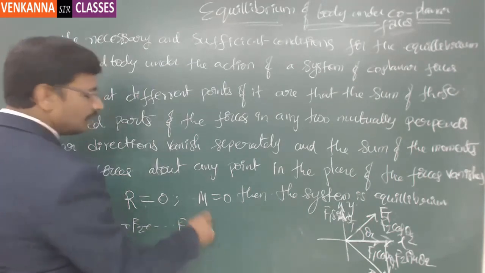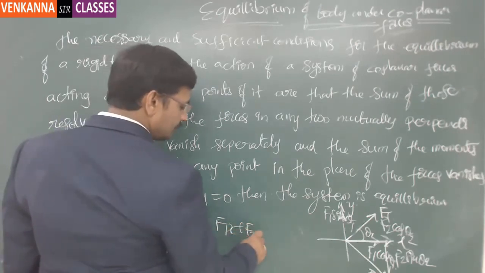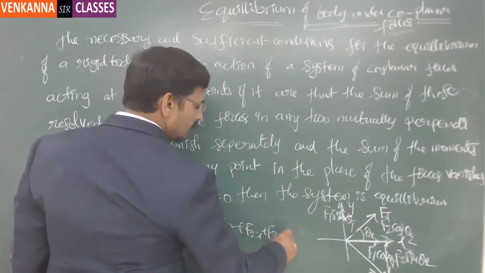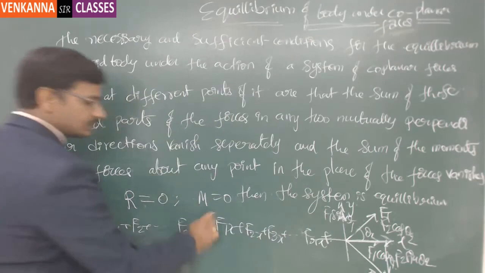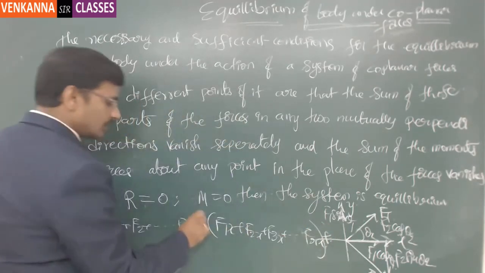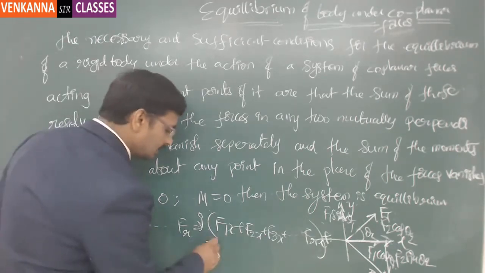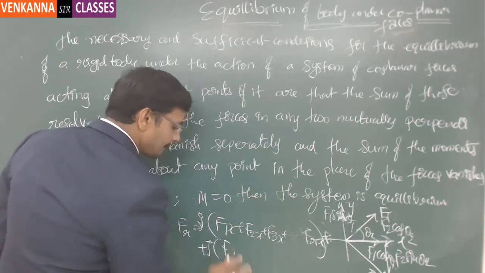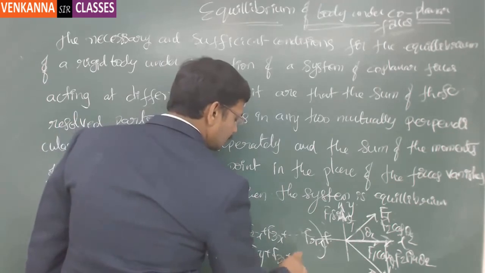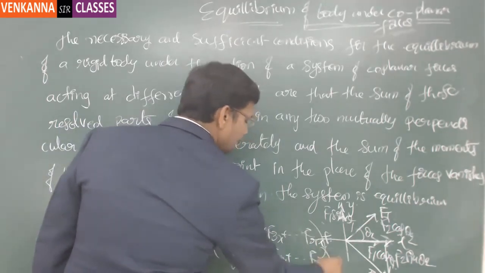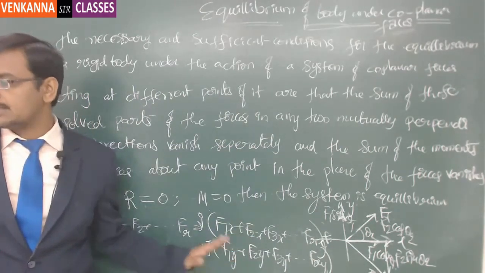This can be stated as F1x plus F2x plus F3x plus dash dash dash Frx, along the x-axis, so I multiply with i in the vector format, plus j times F1y plus F2y plus F3y plus dash dash dash Fry. So this is the resolved components along x direction and along y direction, treated separately.